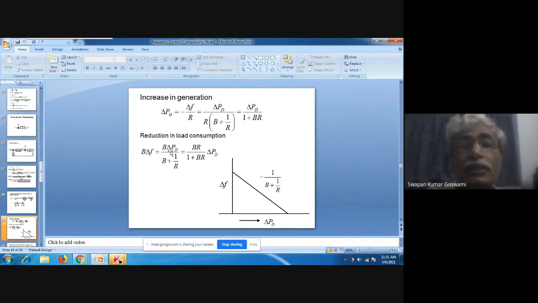The generator cannot increase its power output because before a certain amount of frequency reduction takes place, the governor will not act. The governor requires that frequency has changed by a certain amount, and only then can it act. So the governor will increase the power output of the generator after a minimum amount of change in frequency has taken place. But before that time, it is the reduction in stored kinetic energy.